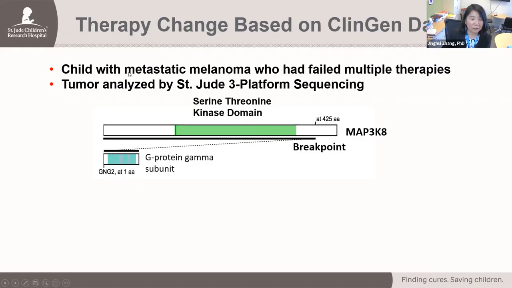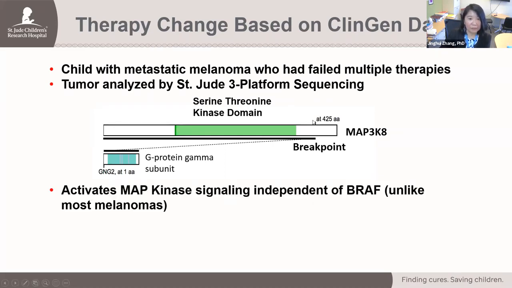This is a patient enrolled in Genome for Kids who had metastatic melanoma and had failed multiple therapies, including immunotherapy. The tumor was analyzed by the 3-platform sequencing, and we discovered a MAP3K8 gene fusion for this patient.